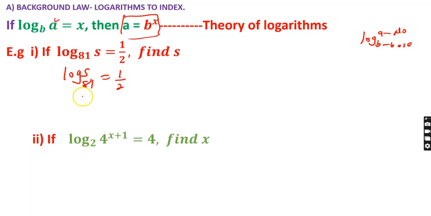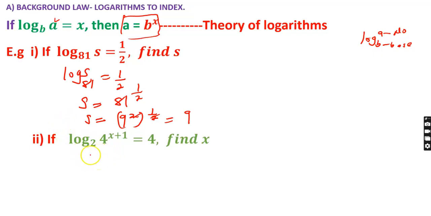So our number is x, so I'm going to have x equals 81 raised to the power 1 over 2. Then x equals 81, which is 9 squared, in brackets, raised to the power 1 over 2. The powers cancel, and we get 9.